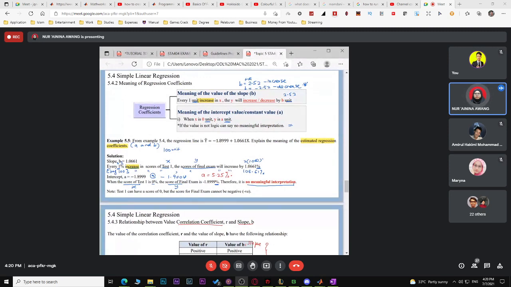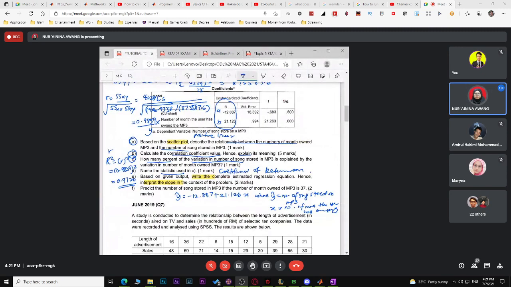In this case, since your slope is 21.126, we say that every 1 unit, so your X is the number of months the user has had the MP3, so every 1 month increase in the number of months the user has had the MP3, the number of songs stored on MP3 will increase. Why increase? Since your B is positive. So it will increase by 21.126 songs.